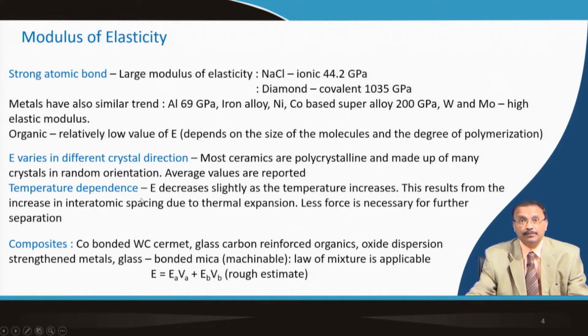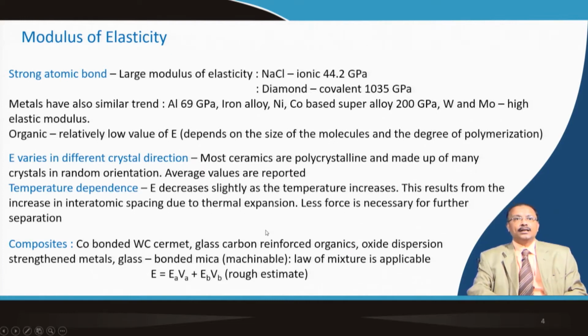It also depends on temperature. Generally, elastic modulus decreases slightly with temperature, and this is the result of the increase of the interatomic spacing, mostly due to thermal expansion. So, eventually less force is necessary for further separation.